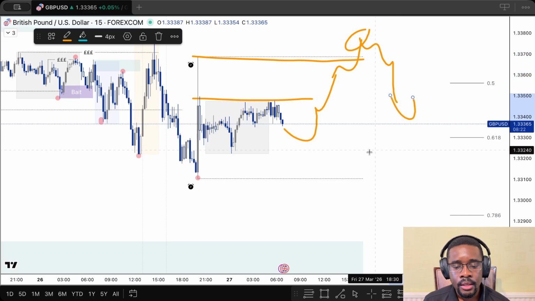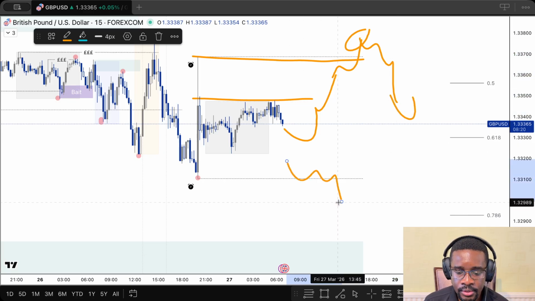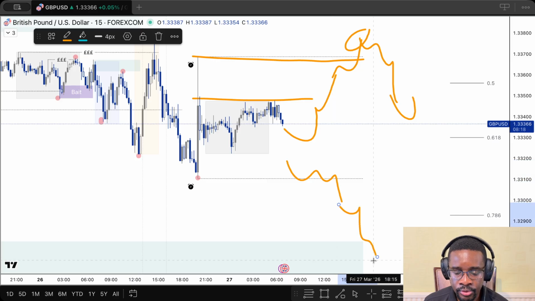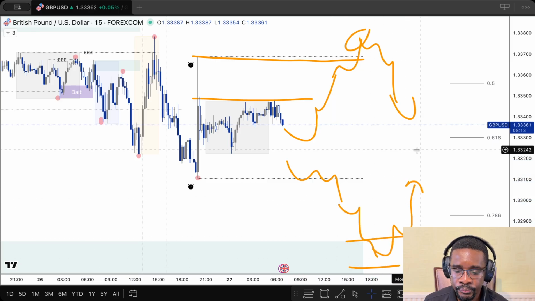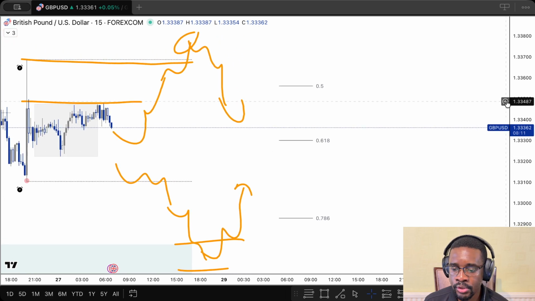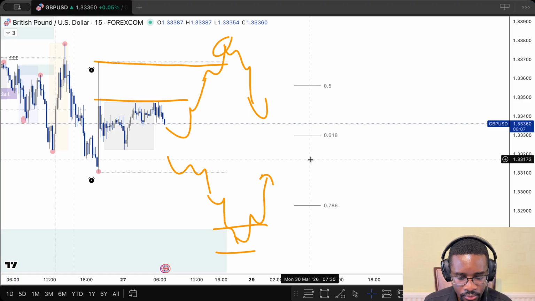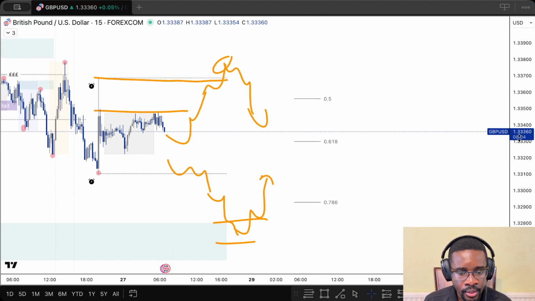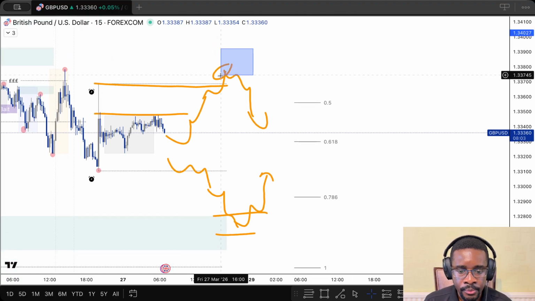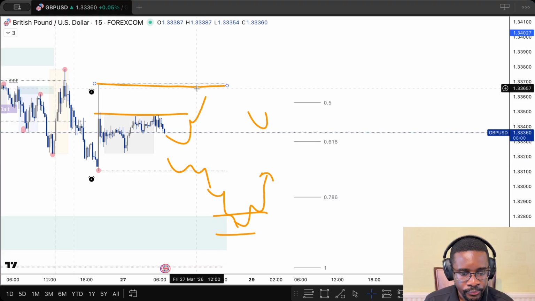Okay, if price takes out this, then we may have to continue until it mitigates this area, and then we start looking for longs. Okay, so not much in the way of trade ideas today, but this is what I'm looking at in general.